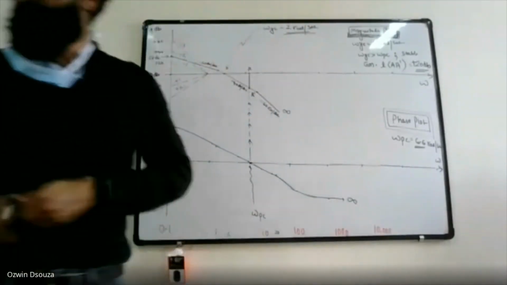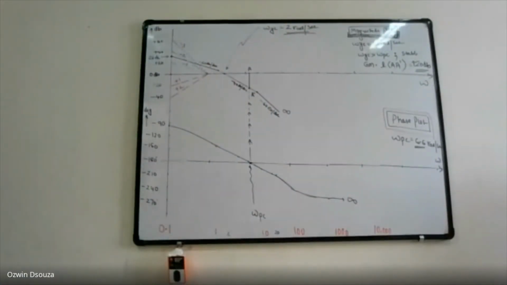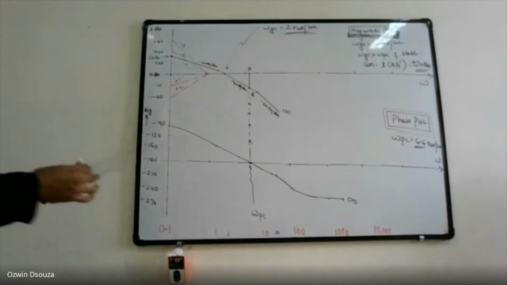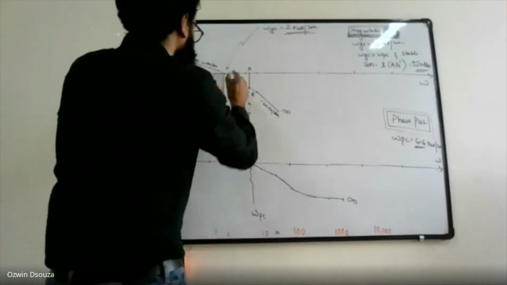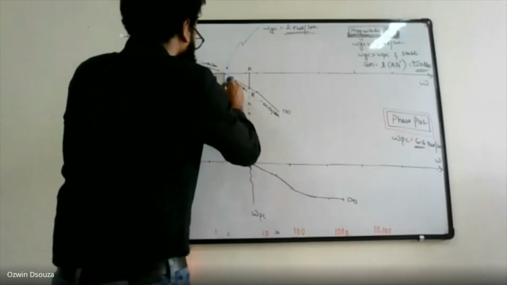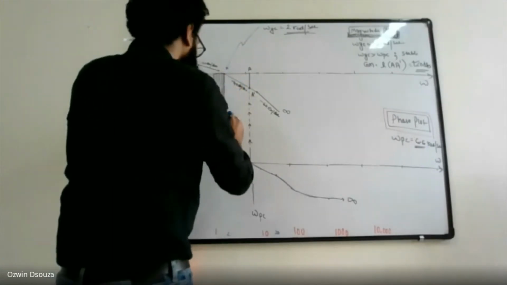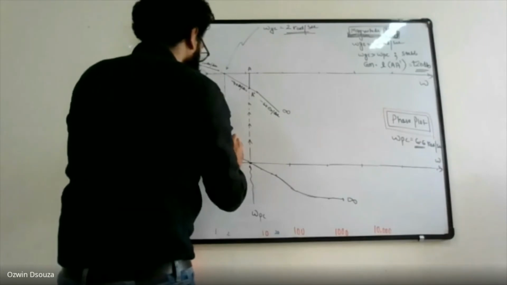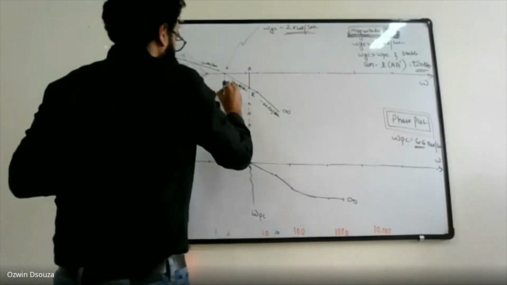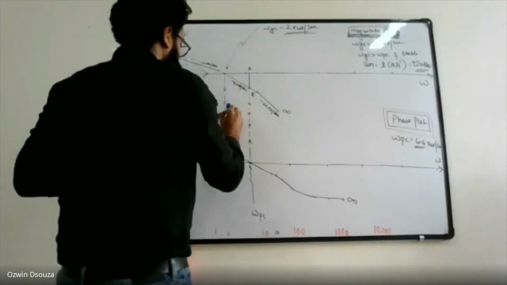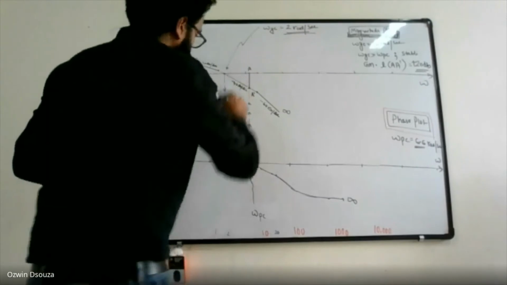Next, you will have to find the phase margin. Reverse procedure for phase margin. Identify the gain crossover frequency. That's here. And then draw a line, this time vertically downwards. What is happening?